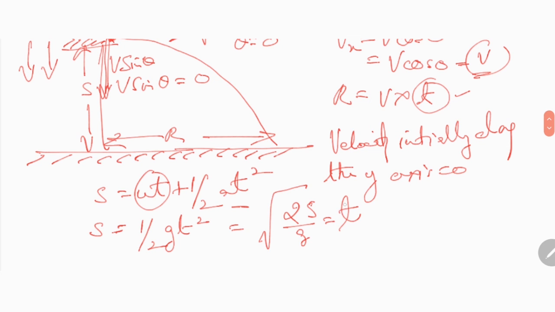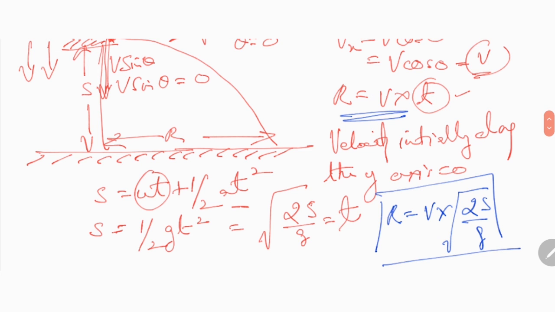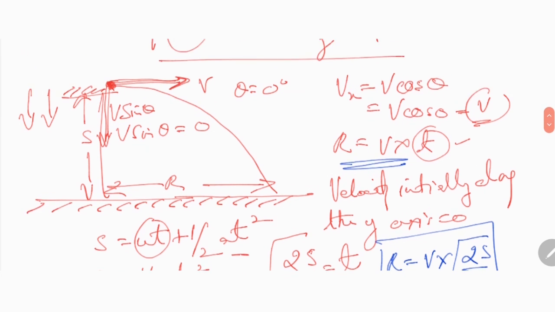So now that we know time, all we need to do is apply it here. Therefore range will be equal to v into under root 2s by g. So you get the idea, right? It's not very complicated. Please understand the basic idea here.